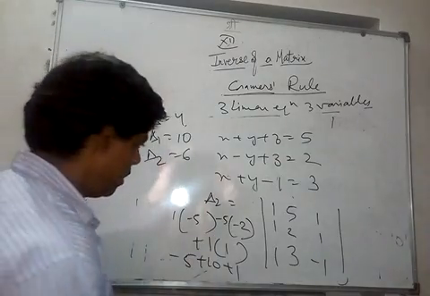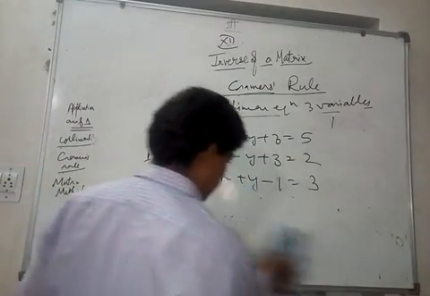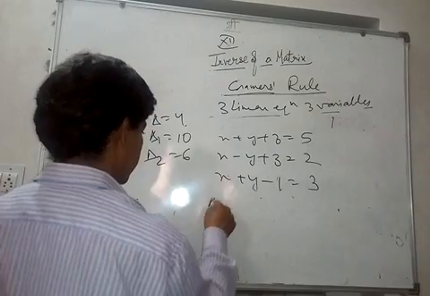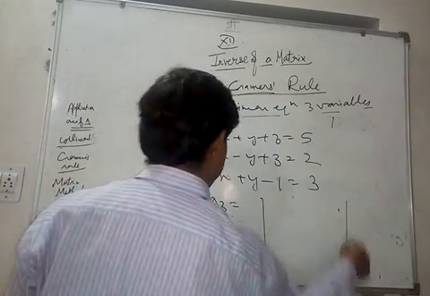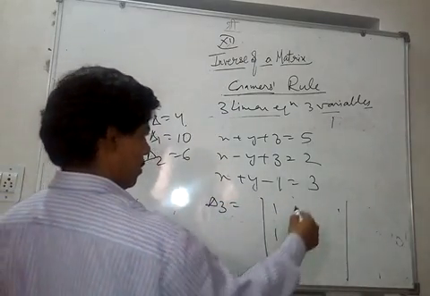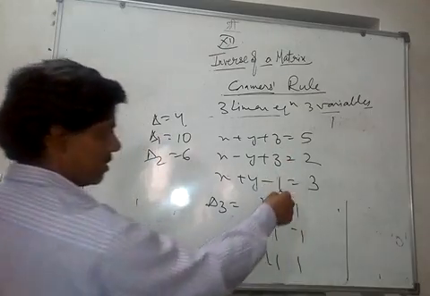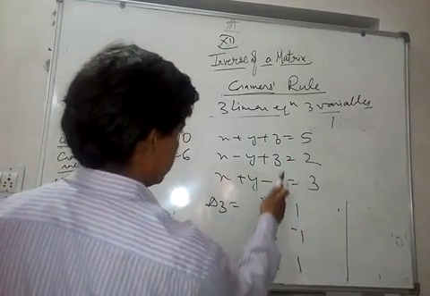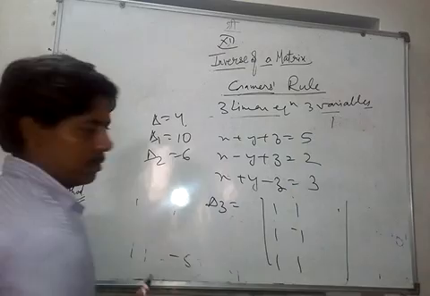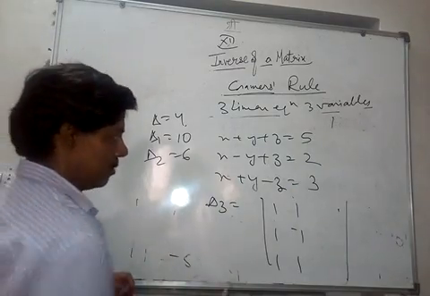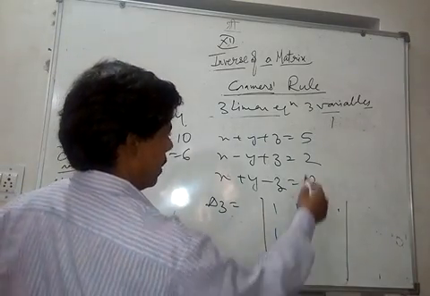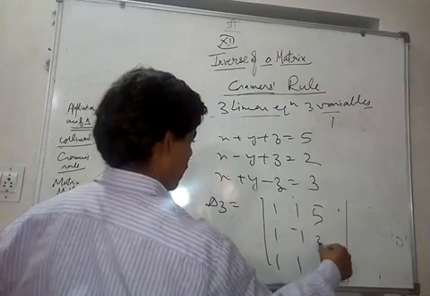Let's find delta 3 here. So delta 3 you will get like this. 1 1 1, 1 minus 1 1, and z you will place here. This must have been z here, so this should be z here, 1 minus 1, and this is 5 2 3, replace.